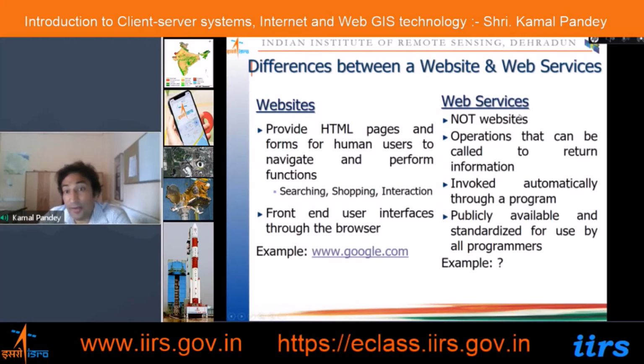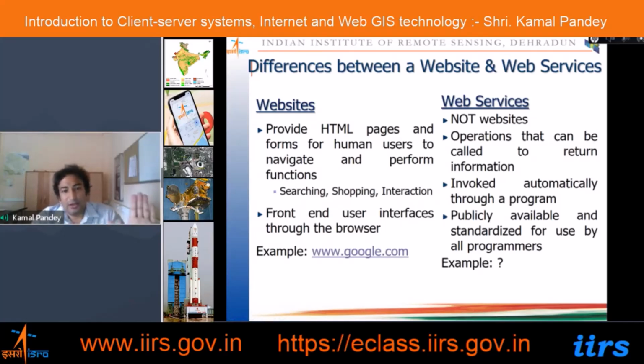What are web services, basically? This is not a website. They are operations that can be called to return information. It is a piece of software code which performs some operation and returns the information. It is invoked automatically through a program. You are not firing it, your program is firing it.